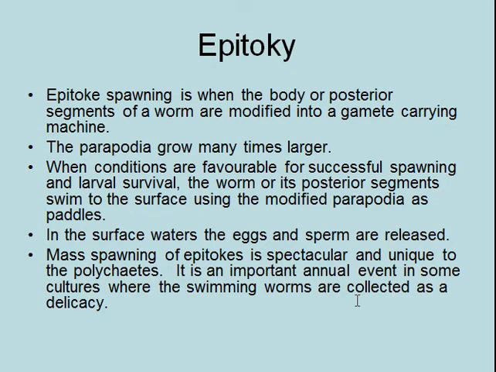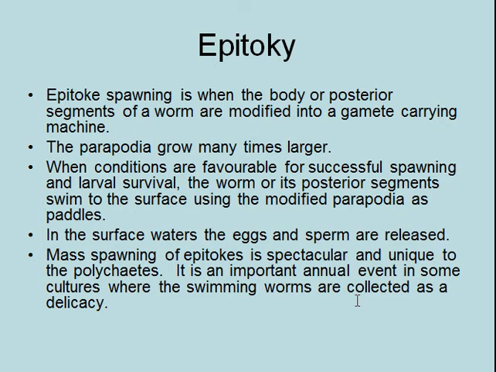Now, epitoky is an interesting one, and often seen in the tropics. But I've seen big spawning events of epitokes down at the Bridge Marina when we've been going out on Naukiwa.